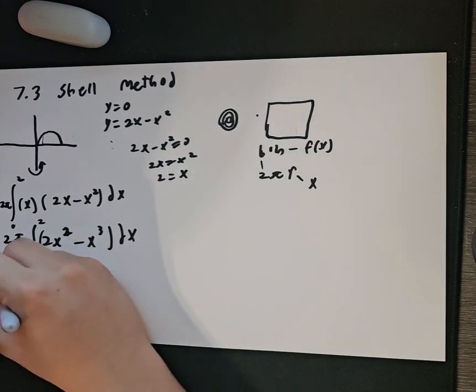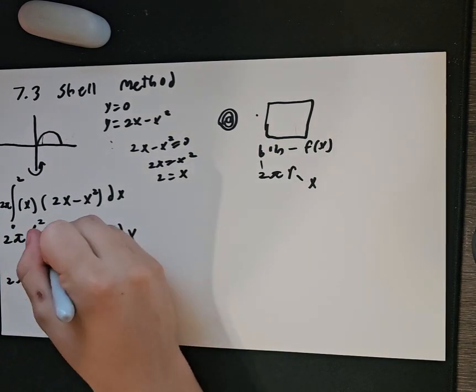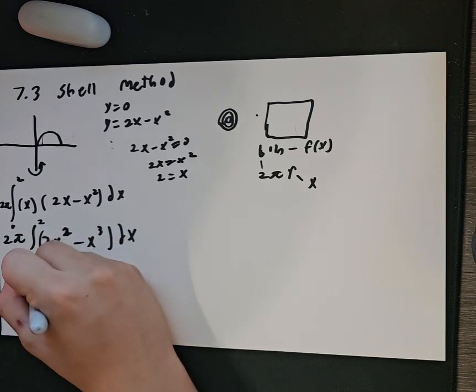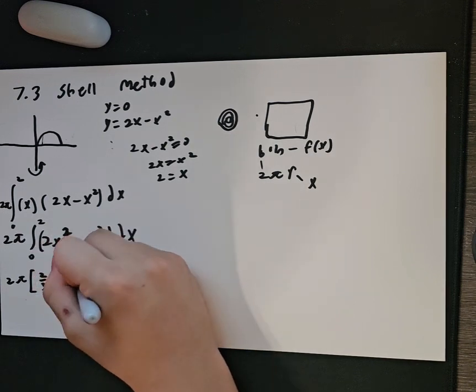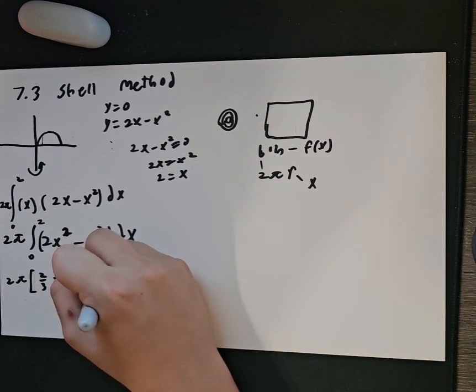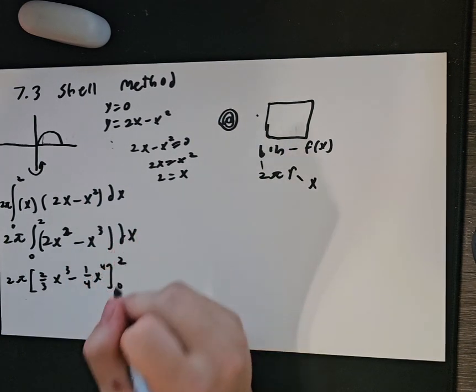And this should be a pretty easy integral. 2 pi and 2 thirds x cubed minus 1/4 x to the 4th, evaluated from 0 to 2.